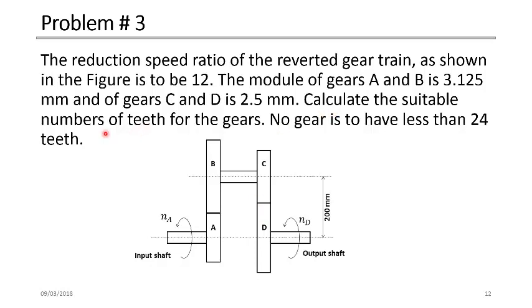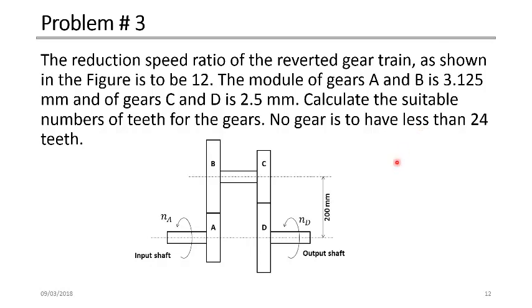Calculate the suitable numbers of teeth for the gears. So we are required to find the number of teeth for gear A, gear B, gear C, gear D, based on the given information. And also, no gear is to have less than 24 teeth. So we need to keep the number of teeth higher than 24 for any one of them.